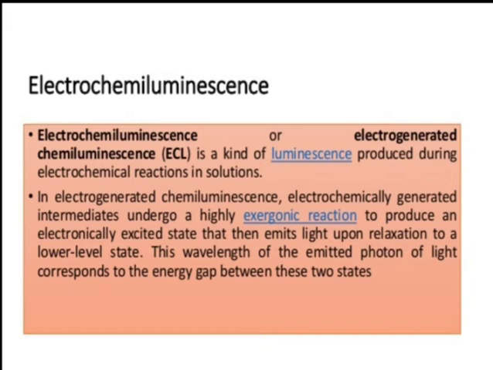That means free energy is released, or negative free energy. The exergonic reaction produces an electronically excited state that then emits light upon relaxation to a lower level state. The wavelength of the emitted photon of light corresponds to the energy gap between these two states.